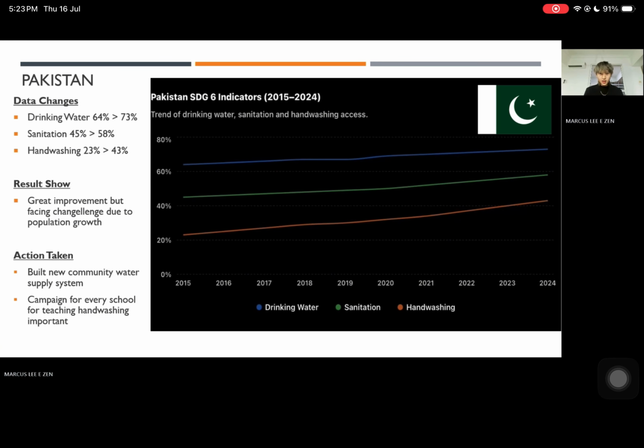Even with those improvements, their rapid population growth still makes a challenge for them. Although they have more projects, more education, and more policy to help the population, the population keeps growing higher than their estimation.